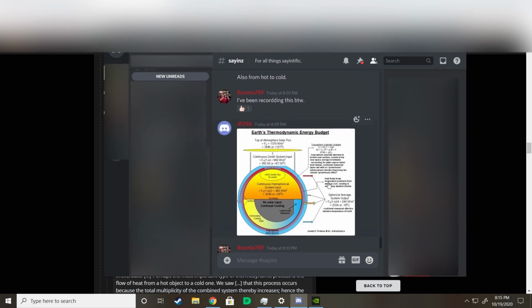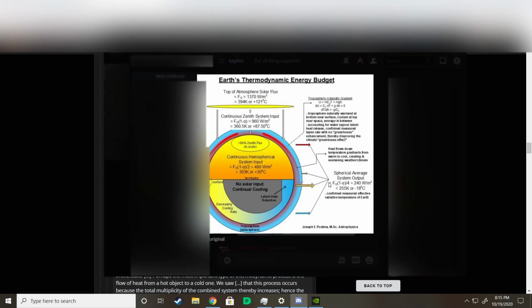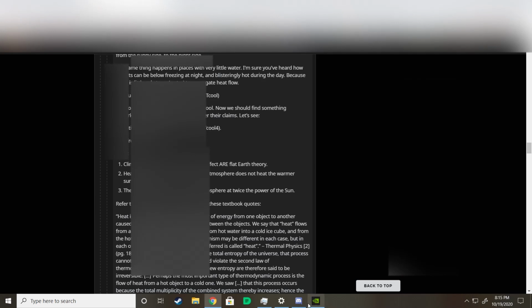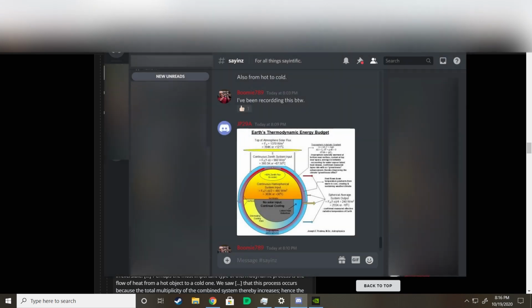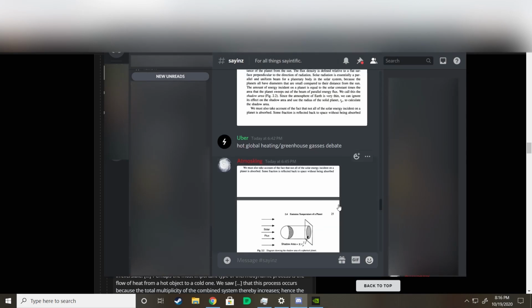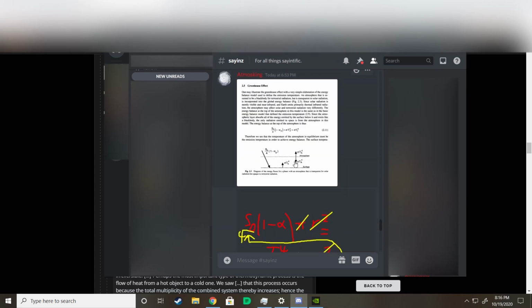I want to ask, would you agree with 2.3 if the down pointing arrow from the atmosphere weren't there? Is that satisfactory? I think you seem to have forgotten something important. Let me ask you a question. Is all energy heat?